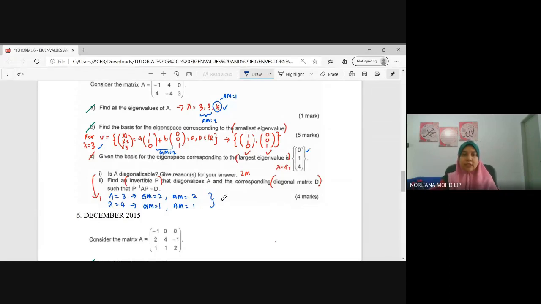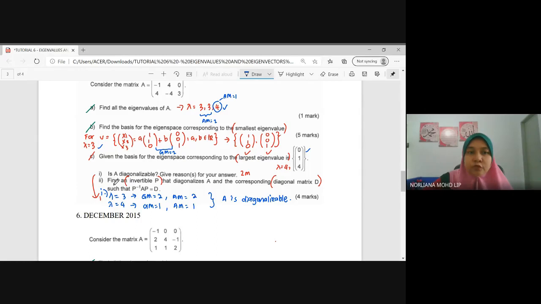So automatic kat sini A is diagonalizable. Atau tunjuk je lah table ni and then therefore A is diagonalizable. Okay, ni untuk number 1.